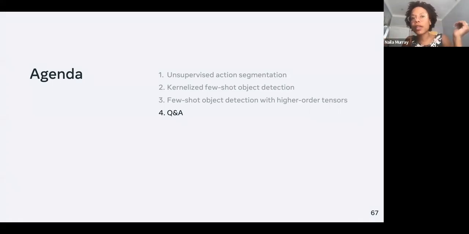So we take a video, take all the frames of that video that have a given action label, compute representations for those, and average them. So we have one representation per action for a video, and then we compute a similarity matrix between our predicted clusters and the ground truth clusters. Then we use a combinatorial optimization technique to assign one predicted cluster to one ground truth cluster. This gives us a labeling, which we then use to tell us how good our method is. But that's only done at evaluation time. It's not something we look at during training.